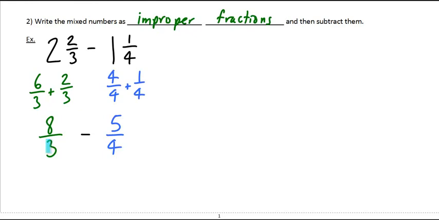Now you'll notice again our denominators aren't the same. So let's use that same strategy we used above to make them common denominators. Multiply this fraction top and bottom by 4, and I'm going to multiply this fraction top and bottom by 3.